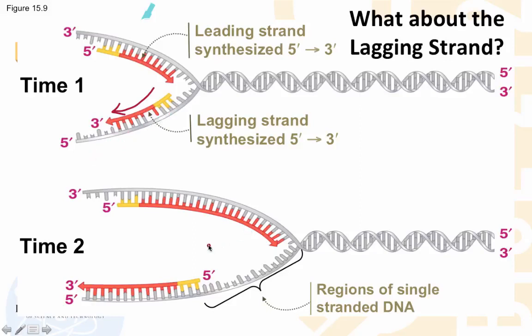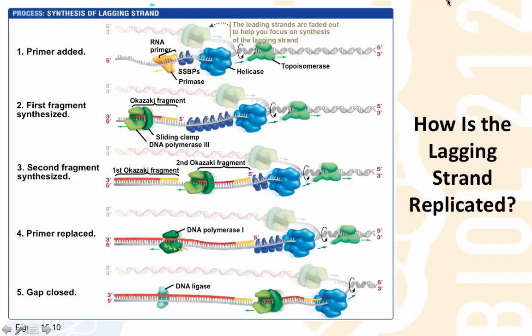As the replication fork moves, it exposes more single-stranded DNA on the lagging strand. Similar to the leading strand, synthesis of a new strand begins when primase adds a short RNA primer that is complementary to the lagging strand.